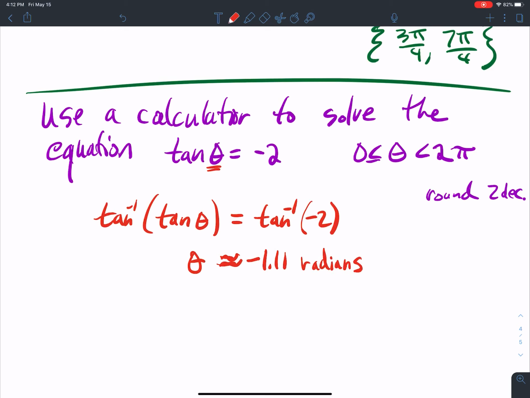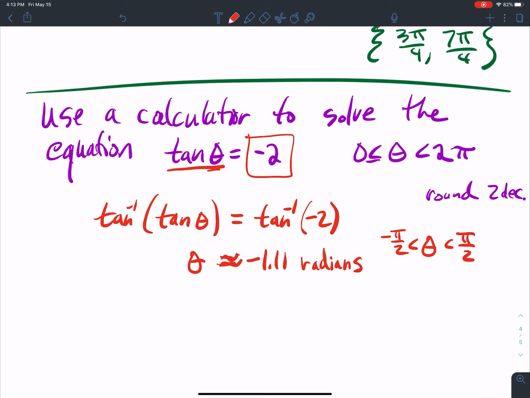All right. Because of the definition of y equals tangent inverse of x, the angle theta that is obtained is stuck between -pi/2 and pi/2, for which tangent of theta equals -2.